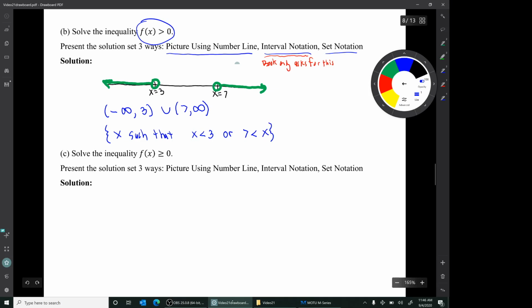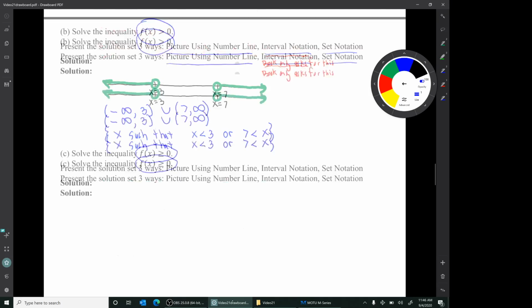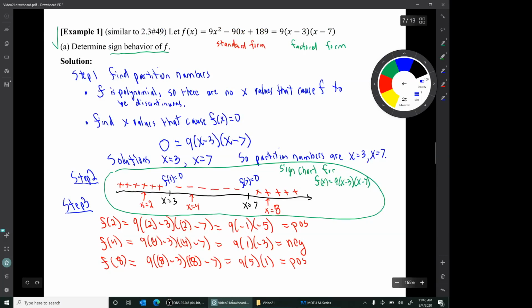All right, now let's do question C. Solve the inequality f of x greater than or equal to 0 and present the solution set 3 ways. Well, let's go back up and look at our sign chart again. Realize that the answer to this question is going to be very similar to the answer to question B, except that we want to include these endpoints of these intervals. X equals 3 should be included because the y value 0 is greater than or equal to 0.